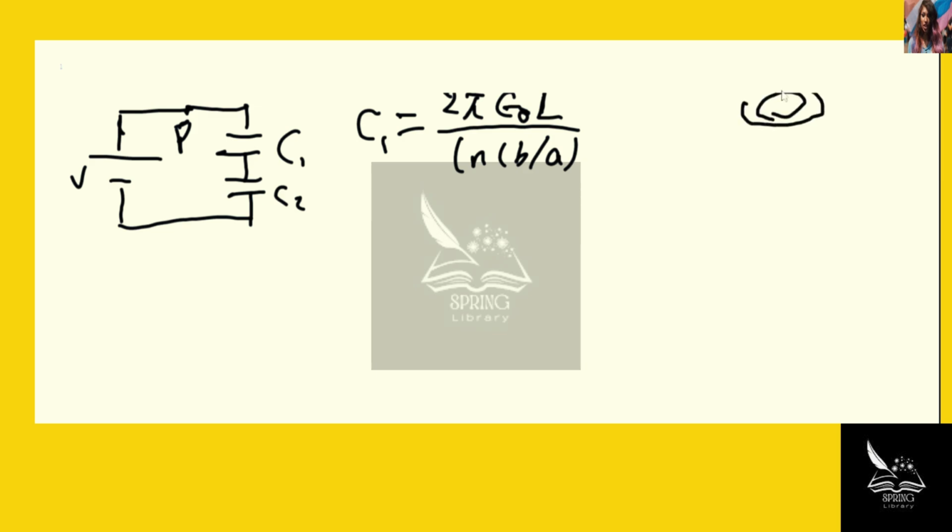the capacitance for a cylinder capacitor has the expression, using C1 as an example, C equals 2 pi epsilon naught L over log B over A, where L is the total length, B is the outer radius, and A is the inner radius.